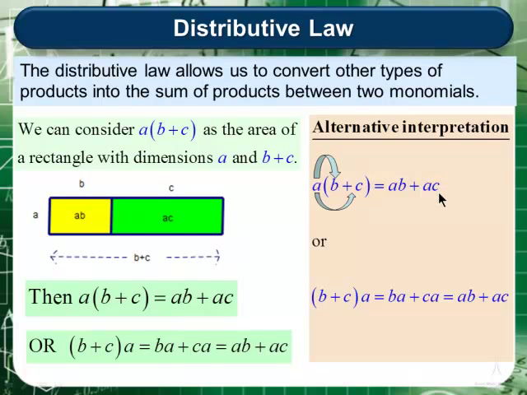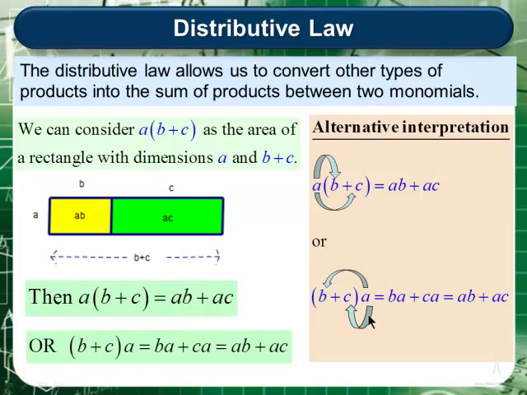In fact, since we have the commutative rule for multiplication, in other words, A times B is equal to B times A for any two real numbers A and B, we might as well start with the bracket, and within the bracket the sum of the two real numbers B plus C, and then multiply a real number from the right hand side.